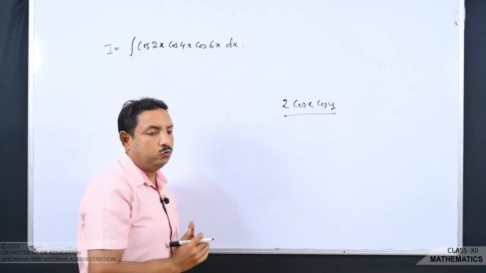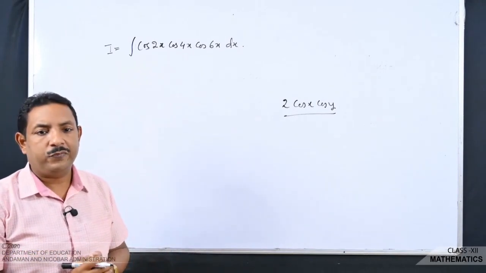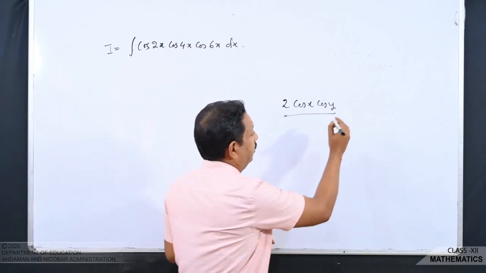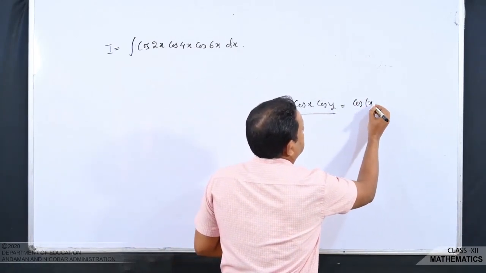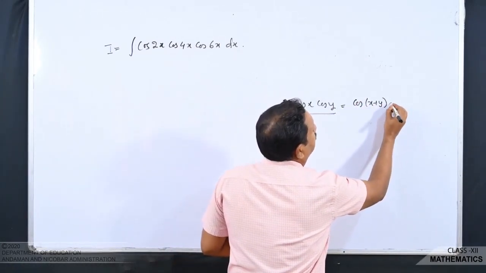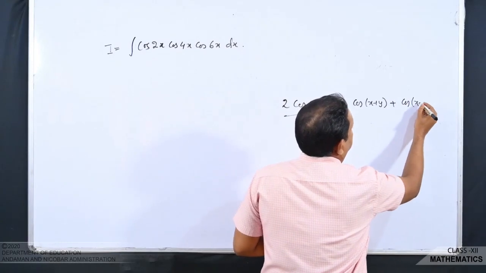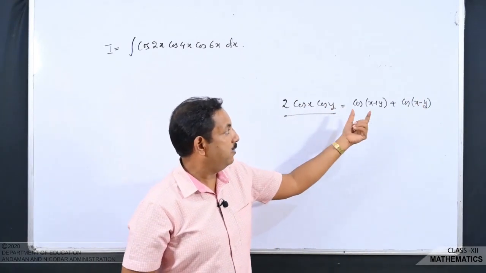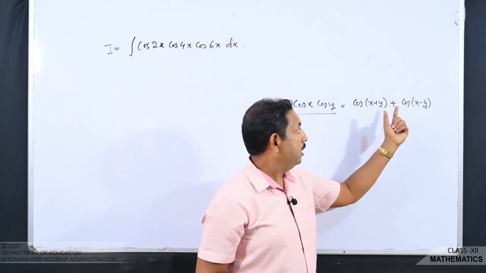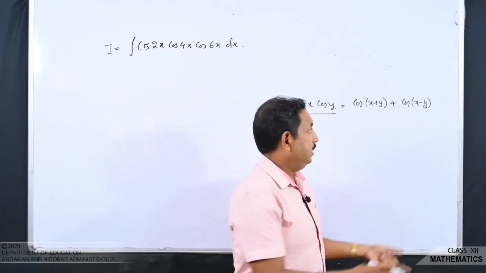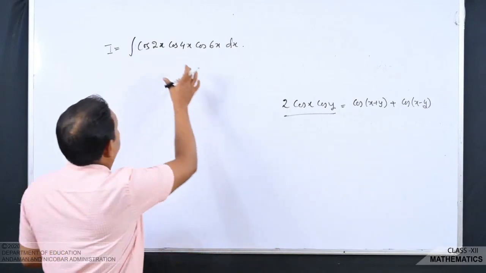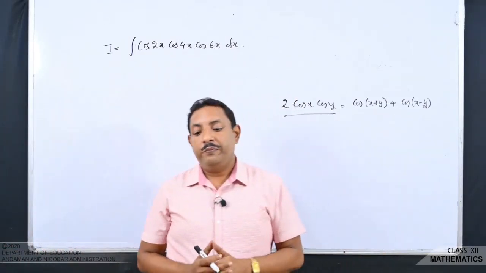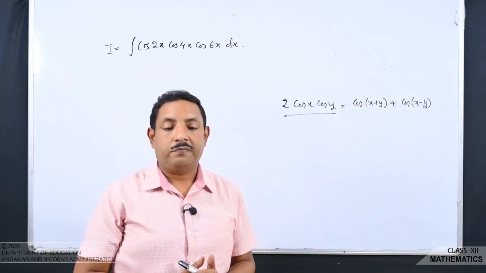Do you remember the 2 cos x cos y formula? 2 cos x cos y equal to cos (x plus y) plus cos (x minus y). That formula, see, 2 cos x cos y can be written as cos (x plus y) plus cos (x minus y). If you replace this one by this one, then it can be a linear function.